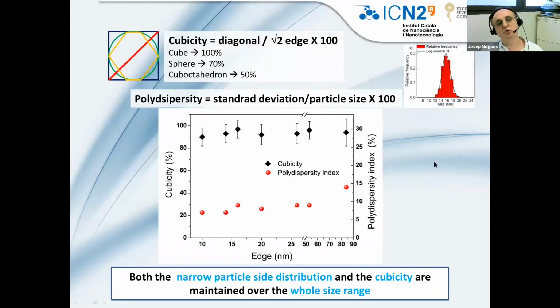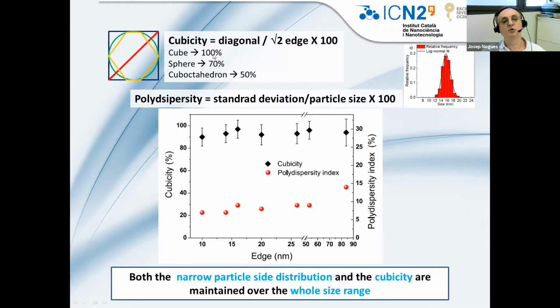So in order to check how good they were, we had to think of a way to say how cubic they are. So then we went into this type of idea. A cube has a diagonal of square root of 2 times the length. If you have a sphere, this diagonal reduces to 0.7. If you have a tetrahedron, this diagonal here reduces to 0.5.